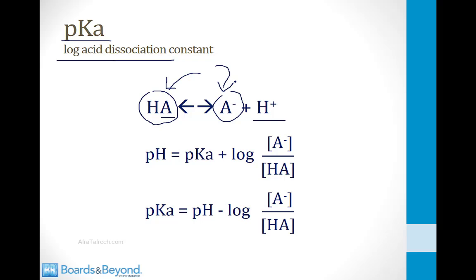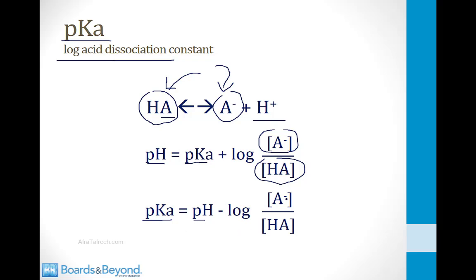So when amino acids and other acids behave like this, we can define a term called the pKa, and we can say that the pH is equal to the pKa, which is a dissociation constant that's unique to each acid, plus the log of the concentration of the A negative form divided by the concentration of the HA form. You can also rearrange this as I've shown down below so that pKa is equal to pH minus the log of this term.